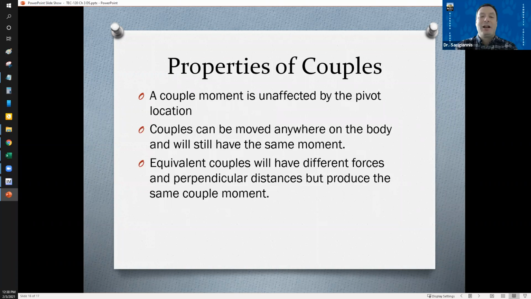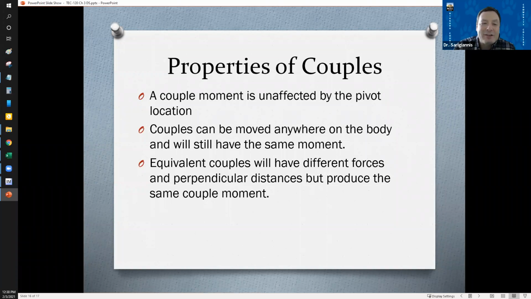Properties of the couple: a couple moment is unaffected by the pivot location. So if you're given a problem that tells you there's a couple acting on this beam, you don't have to worry about the location.